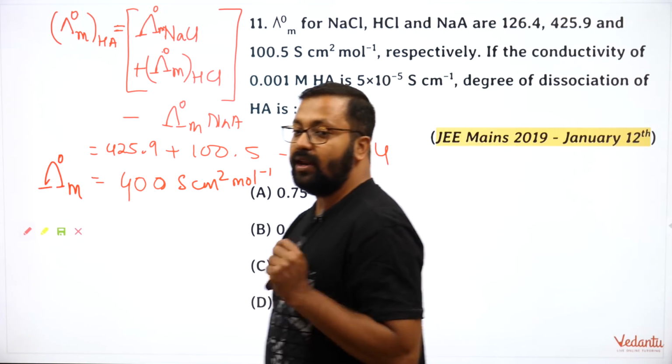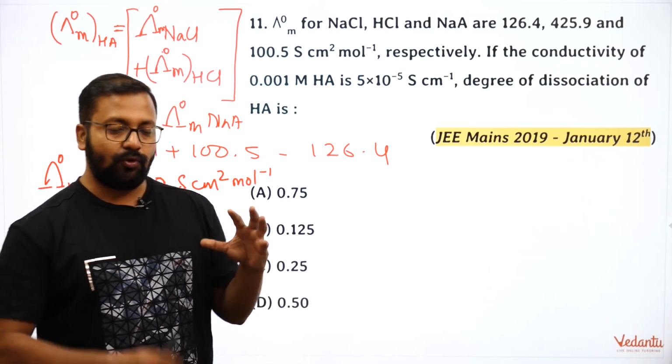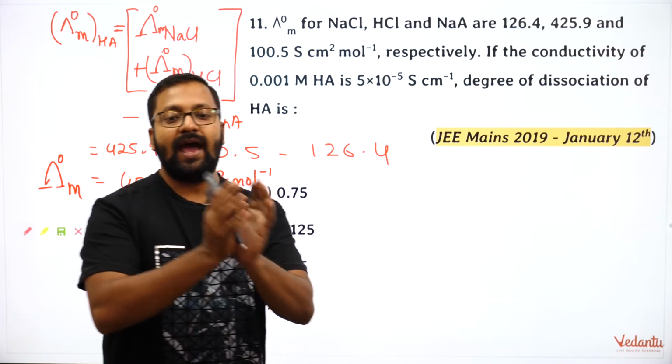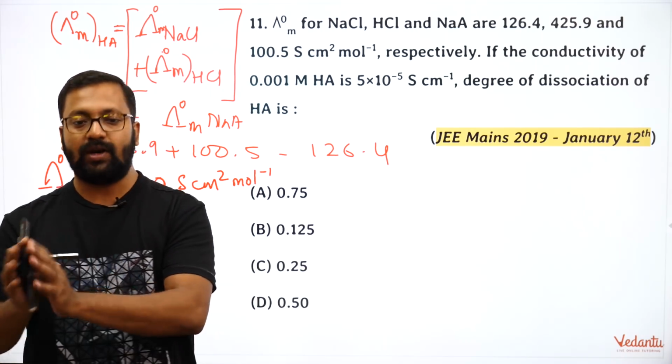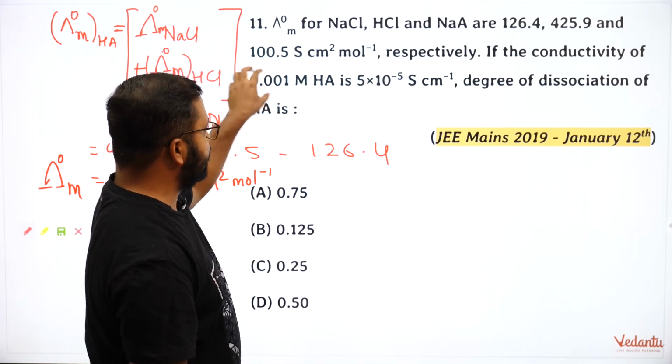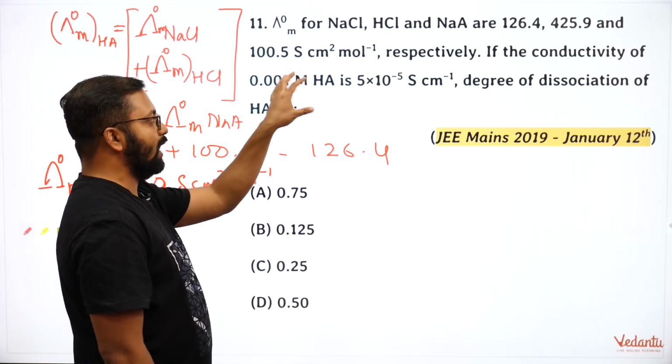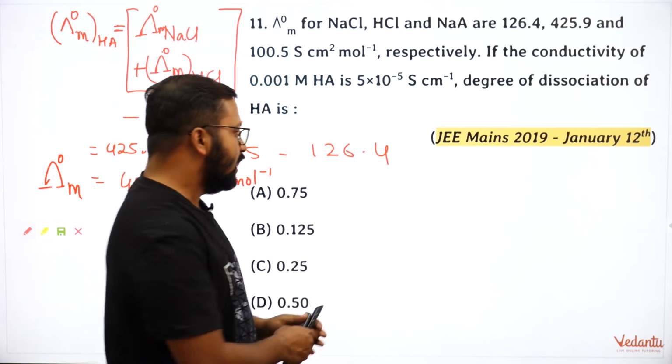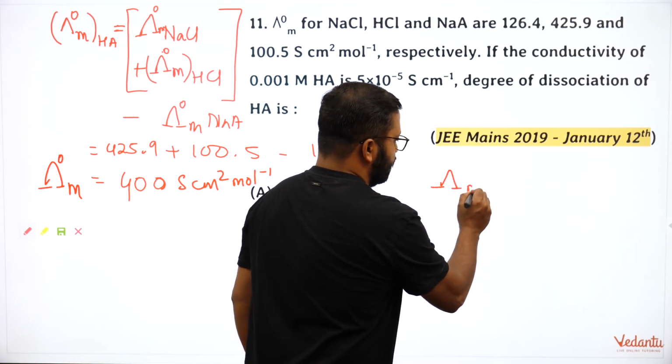Now to calculate the degree of dissociation, I need to know the molar conductivity at a given dilution, and I compare it with whatever is at infinite dilution. So at a given concentration, 0.001 molar concentration of HA, this is the value. How do we identify this?